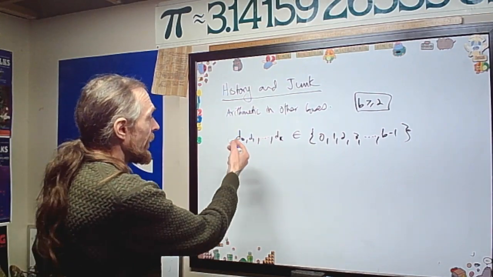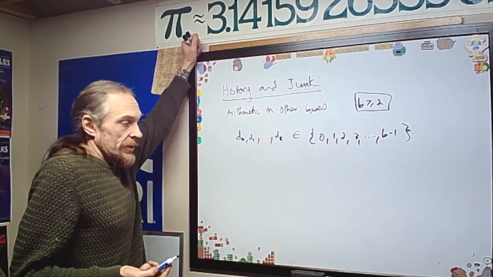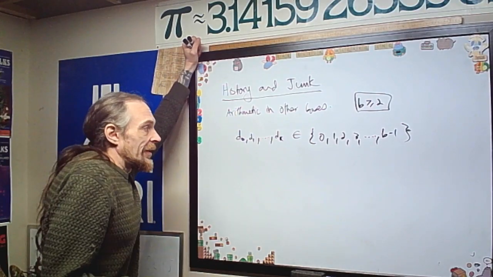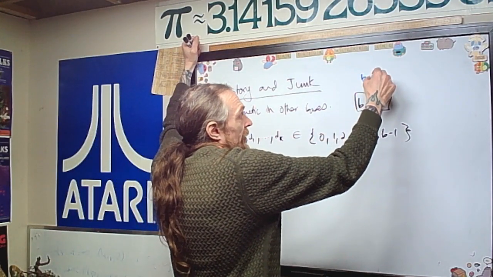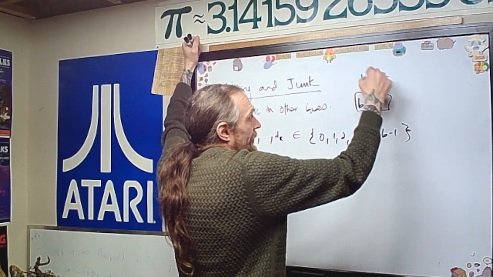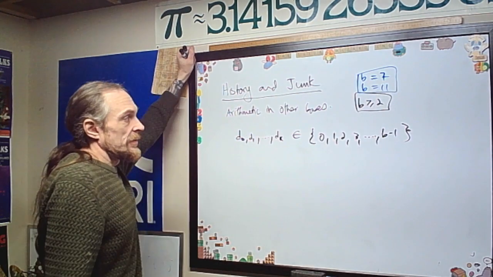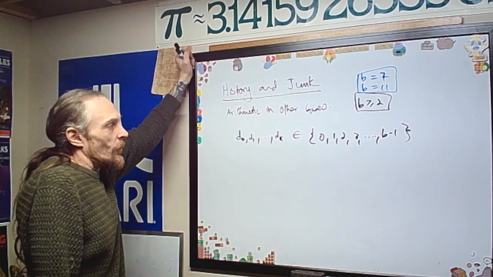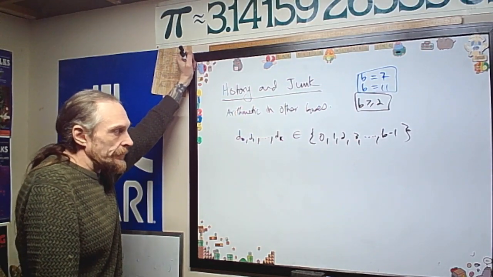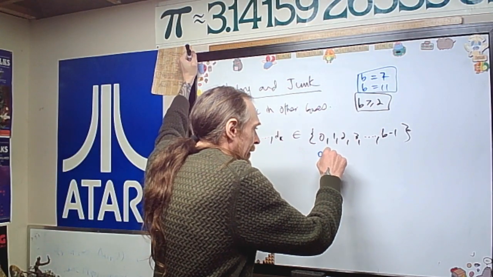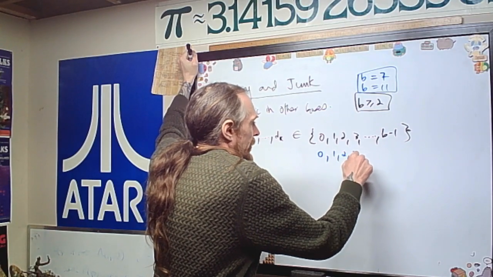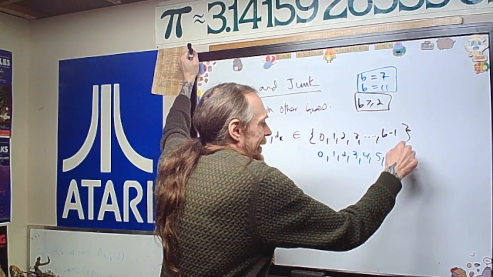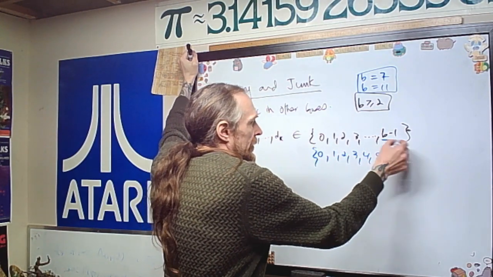Whenever the theory is being thrown at you, what you want to try to do is give yourself an example. The two that I use are 7 and 11. They're both primes, one's less than 10 and one's larger than 10. If I do that for 7, I would get 1, 2, 3, 4, 5, 6, which is 7 minus 1.